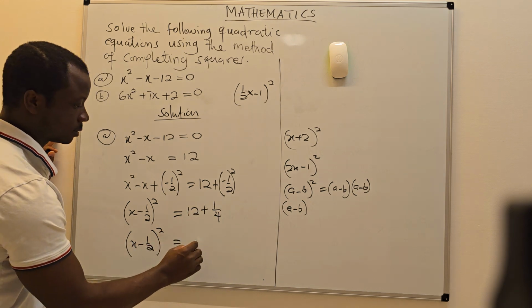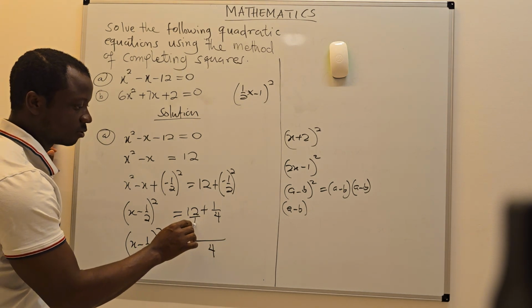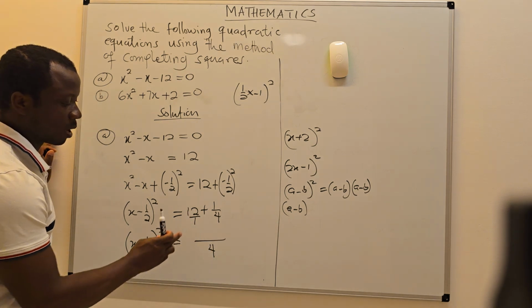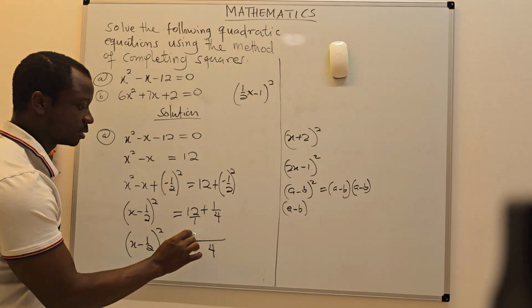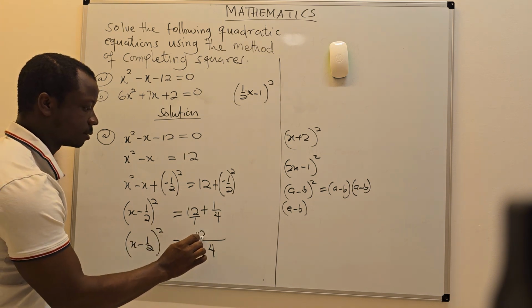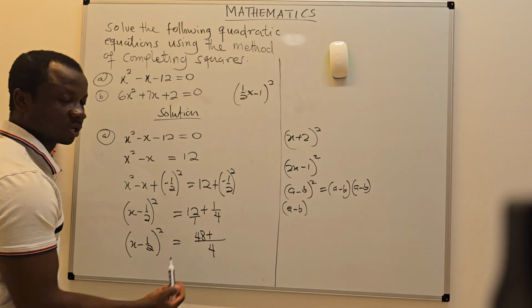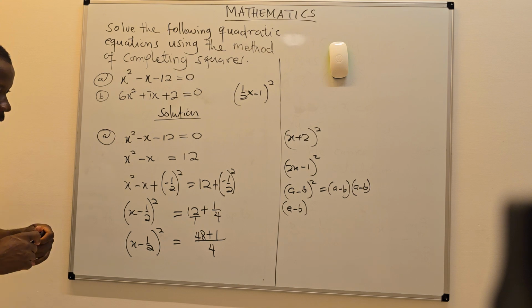to simplify this. So we have 4 as an LCM, because this 12 is like over 1. So 1 will divide 12, 1 will go into 4 times. 4 times 12 will give us 48 plus 4 divided by 4 will give us 1. 1 times 1 is 1. So we know what we are going to get right now.